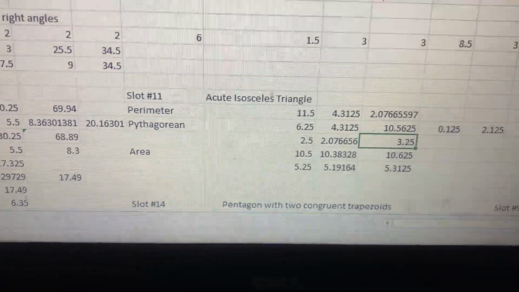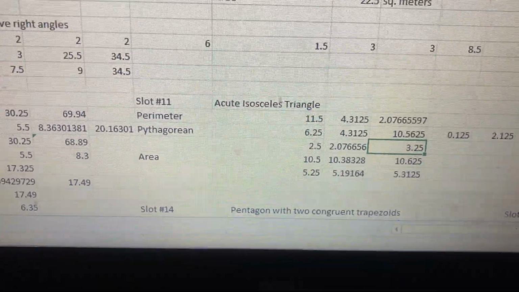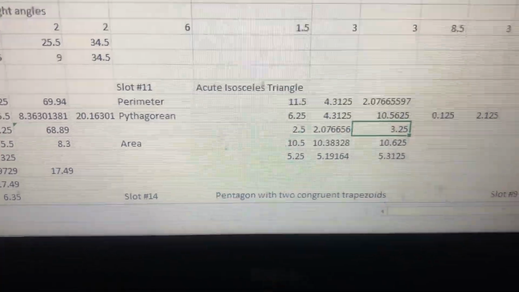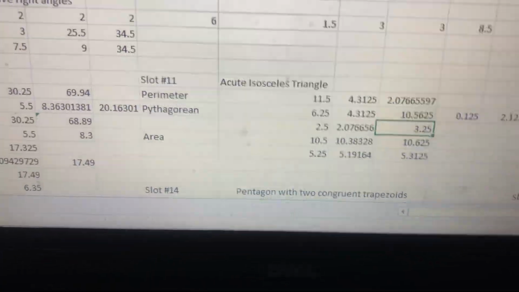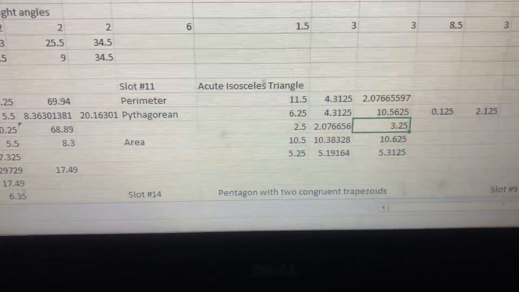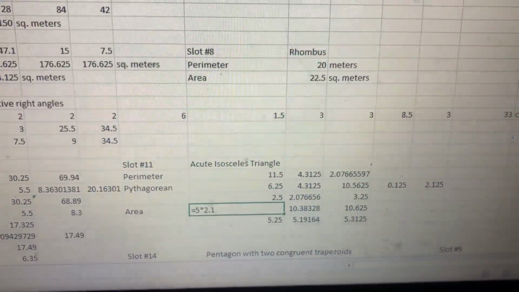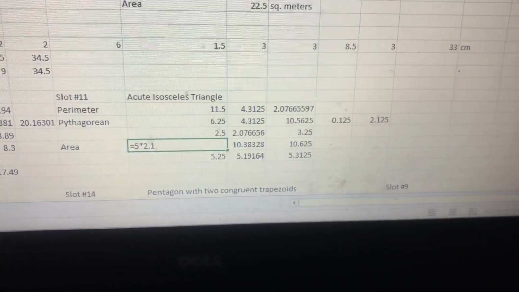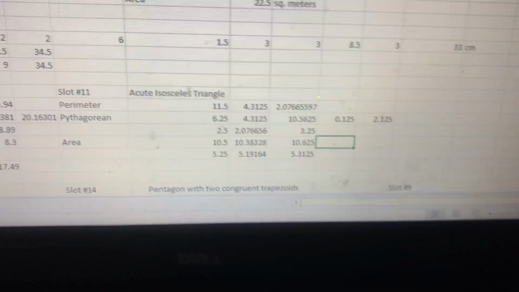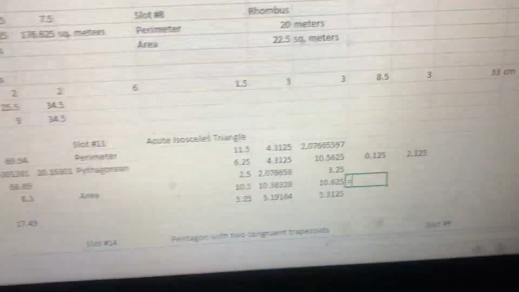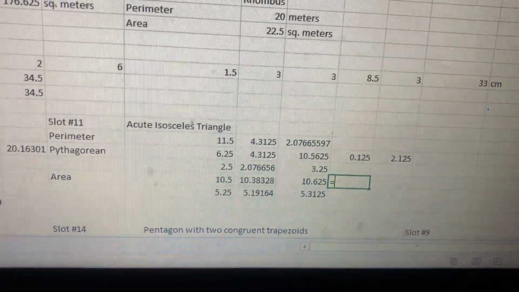Alright. Now, can we solve for the area? The answer is, yes, we can. To solve for the area of the triangle, we know that it's base times height divided by 2. So, this is the formula, base times height. Where's the base? The base should be 5, right? So, type equals to play the formula.